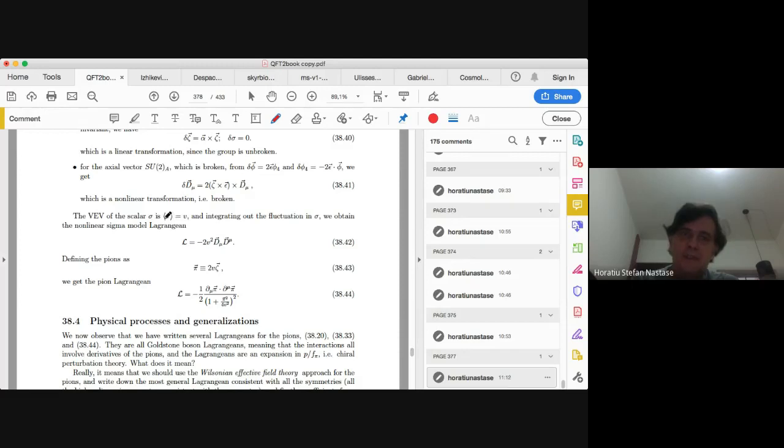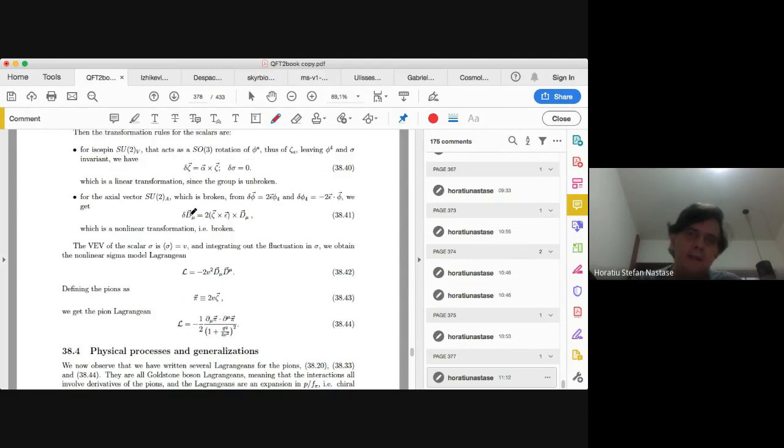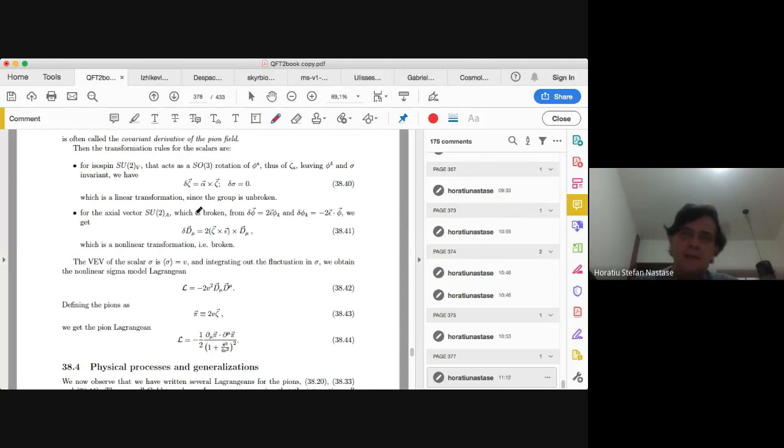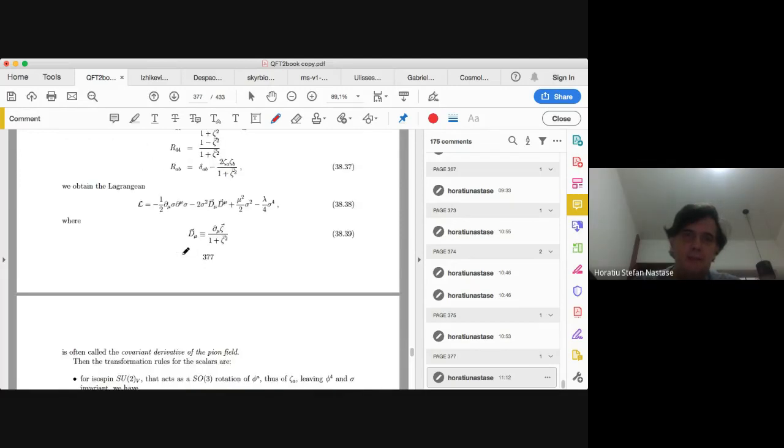Now, the vev of the scalar sigma is v. Then integrating out fluctuation in sigma, meaning just putting sigma to its vacuum expectation value, this term goes away, and this term goes away as it is 0. Then sigma squared is v squared.